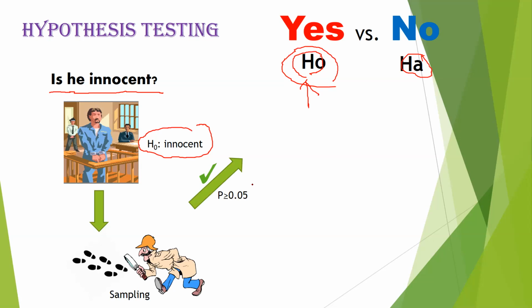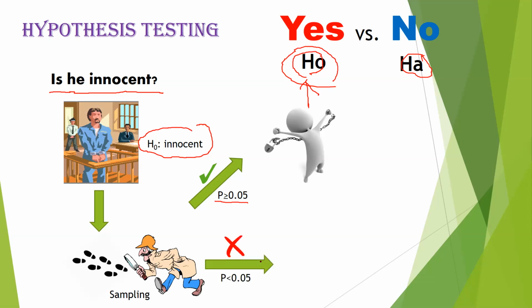We see if your data is supporting your null hypothesis. If the p-value is greater than 0.05, which means your data is very supportive of the hypothesis, then this guy is really innocent, so we set him free.